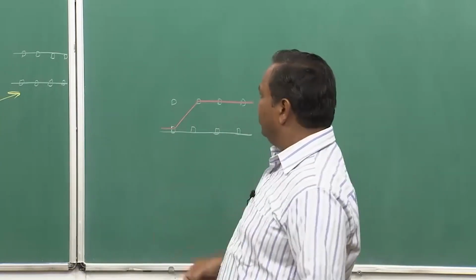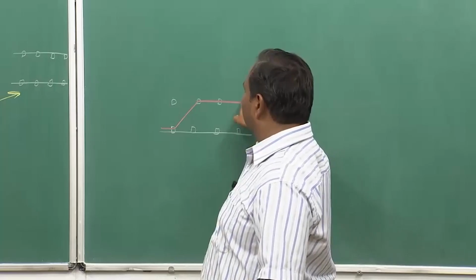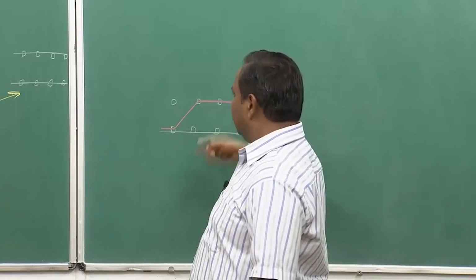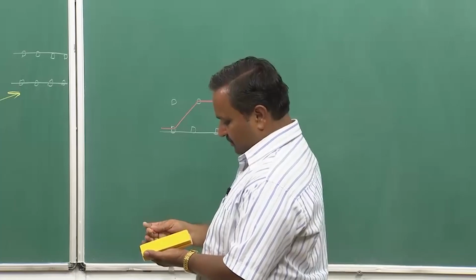Now, I can set up, take this input, and connect it to this one or I can connect it to this one. So, let us see what will happen if I do this.